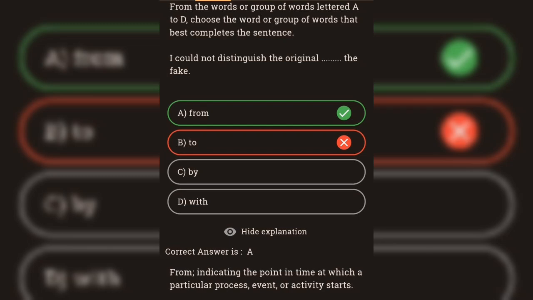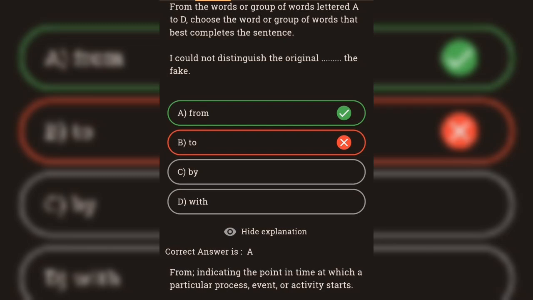I could not distinguish the original dash the fake. Alright, the answer is from. You can see that 2 was initially picked, but it is wrong. The answer is from. You differentiate one thing from another.